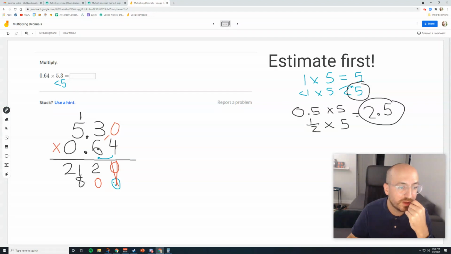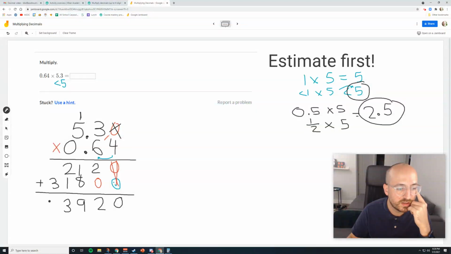Ooh, we already have a 1 there. 6 times 5 is 30 plus 1 is 31. Notice how it's a little sloppy, but I still lined up my digits very neatly. Don't need those zeros. That's why I don't care about putting it there as a placeholder. 2, 9, 3, 3.